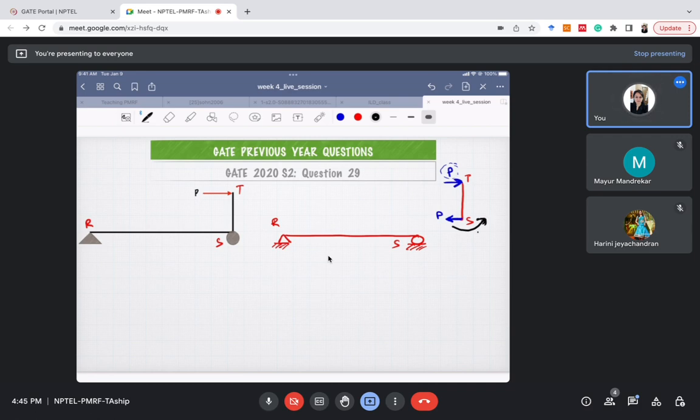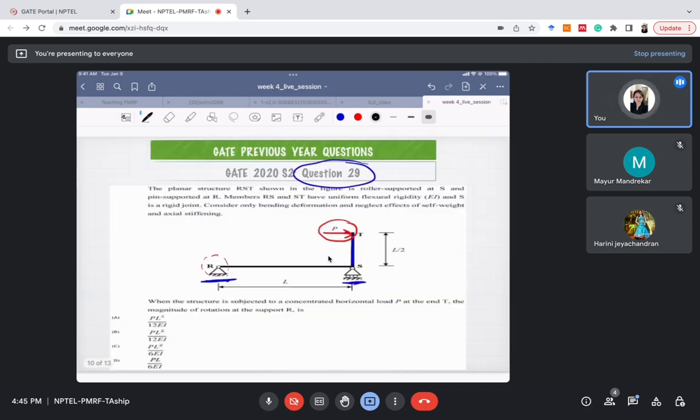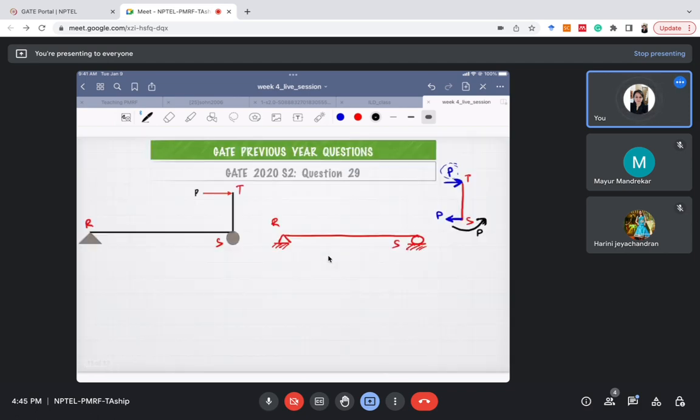What would be the magnitude of this moment? It will be P multiplied by the length TS, which is L by 2. So P L by 2. This is all about the free body diagram.